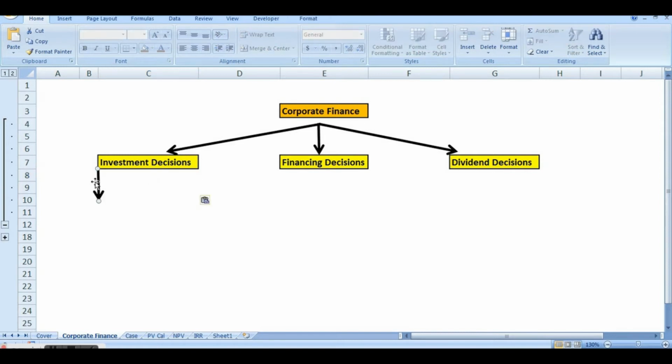When you are talking about an organization, the organization needs to have certain assets, investment into assets, be it long-term assets like non-current assets, land, building, machinery, and so on, or short-term assets as well. Short-term assets, in financial or accounting language, are called current assets. Current assets means the assets which get converted into money within one operating cycle, or a shorter period of time. For example, inventory, debtors, and so on.